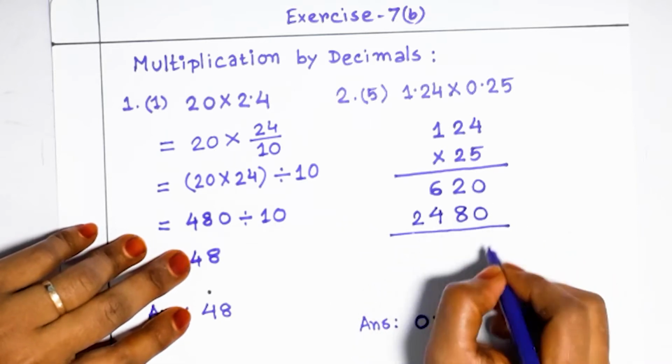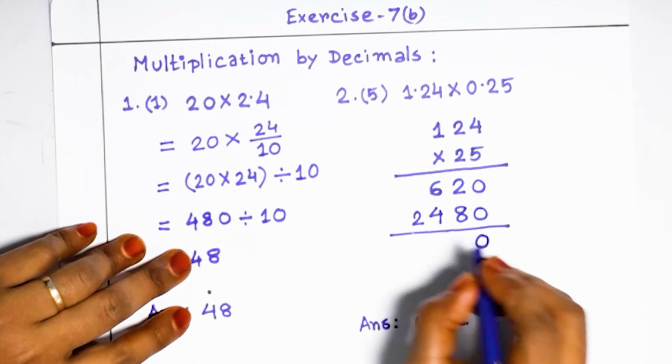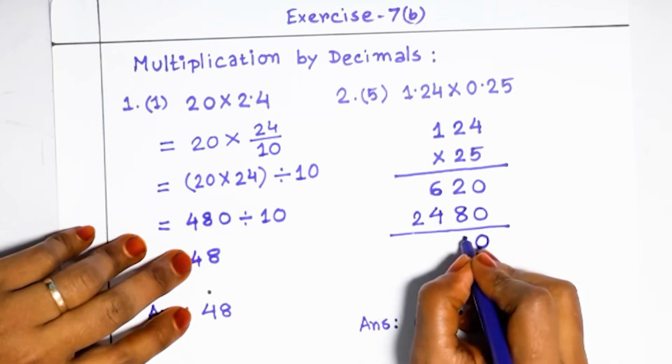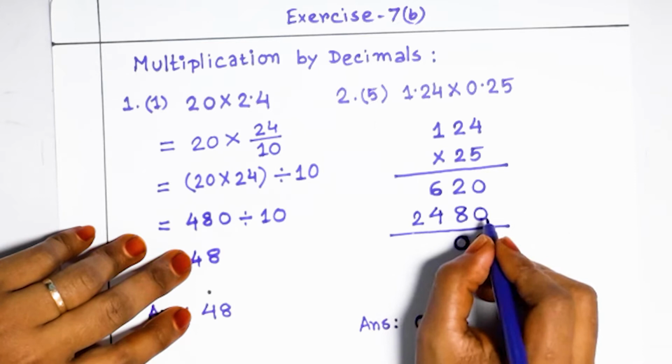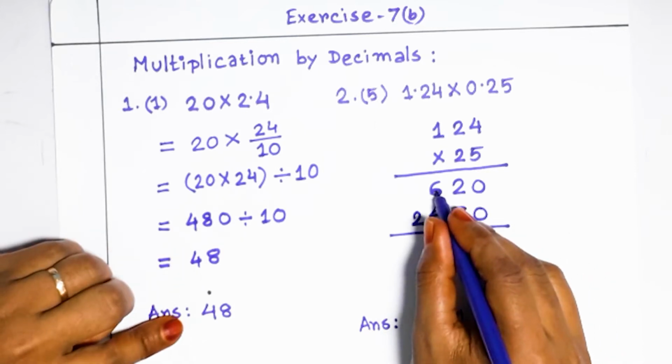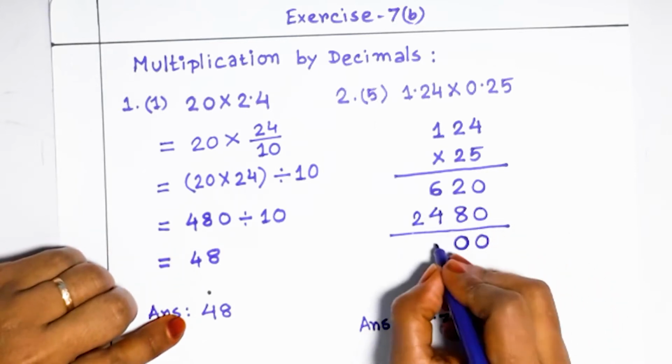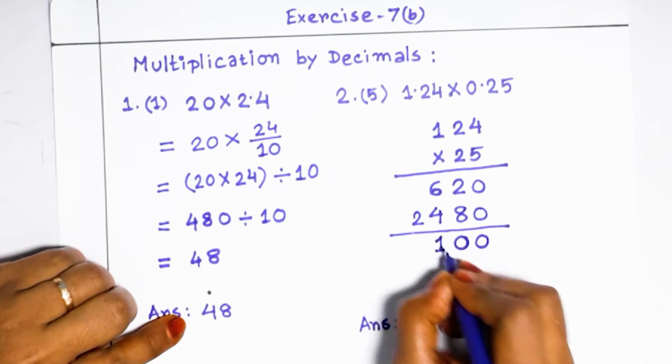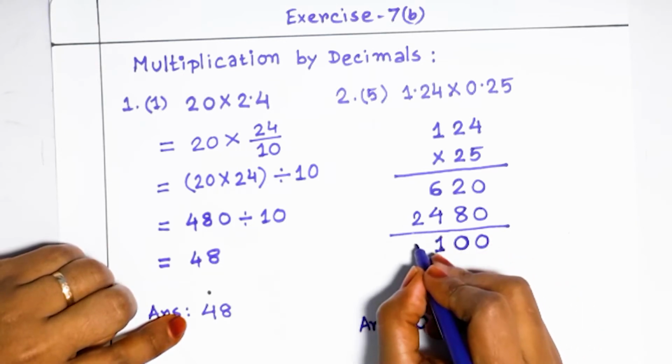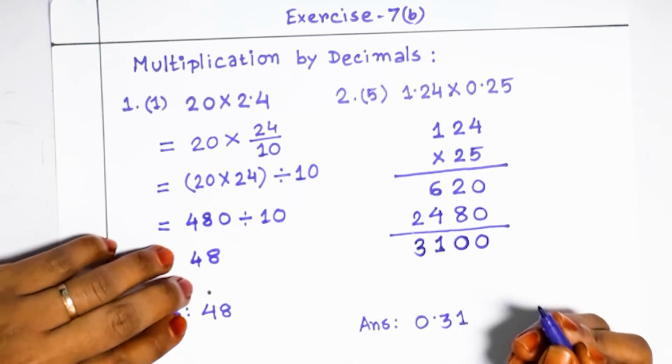Now do addition here, 0 plus 0 is equal to 0, 8 plus 2 is equal to 10. Carry 1, 6 plus 4 is equal to 10 plus 1 is equal to 11, write 1, carry 1, 2 plus 1 is equal to 3.